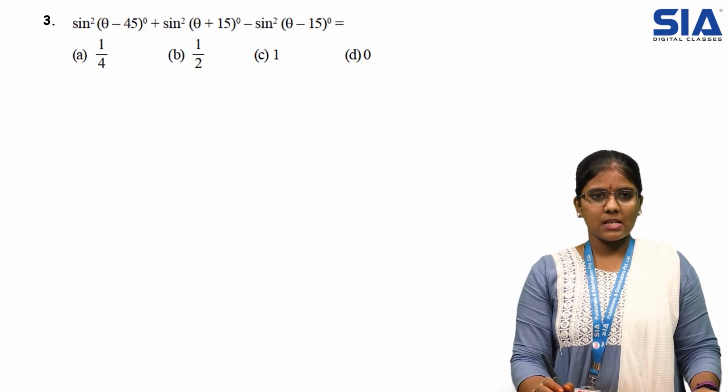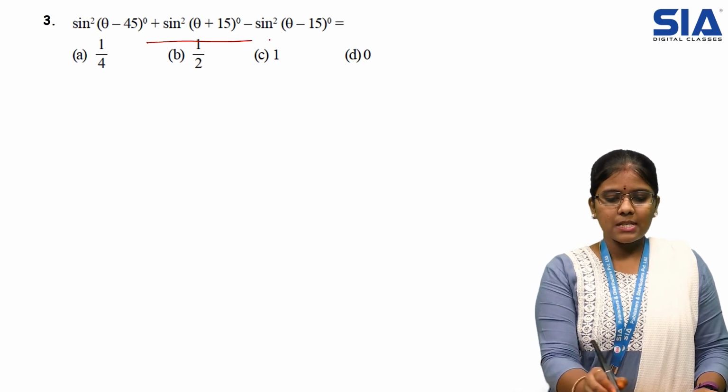Our next problem is: sine square of theta minus 45 plus sine square of theta plus 15 minus sine square of theta minus 15 equals what? First consider this expression.